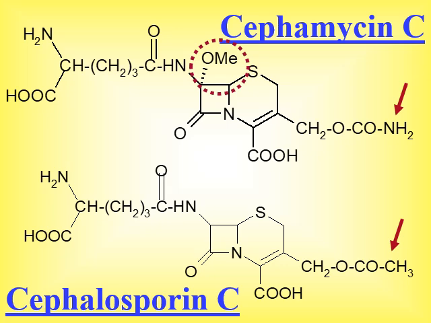These are examples of cephamycins. We have cephamycin C. As we see here, I put the structure, which is the prototype. Cephamycin C is similar to cephalosporin C. The only difference is the presence of 7-alpha methoxy and the side chain here having amino instead of methyl, which is an isostere.